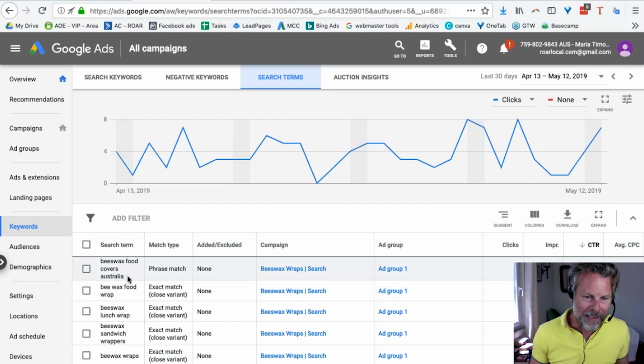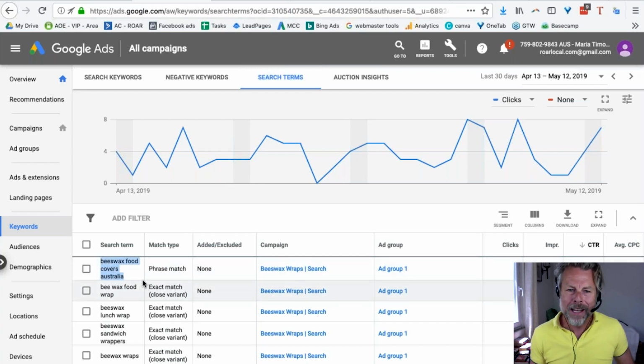Let me break that down for you. Anybody who goes to Google and types in beeswax food covers Australia, that is a very good keyword because it's got what's called very high buyer intent. So lots and lots of buyer intent with that particular search term.